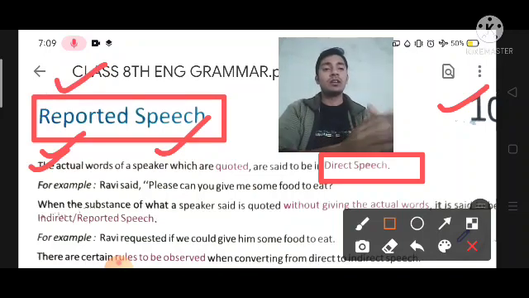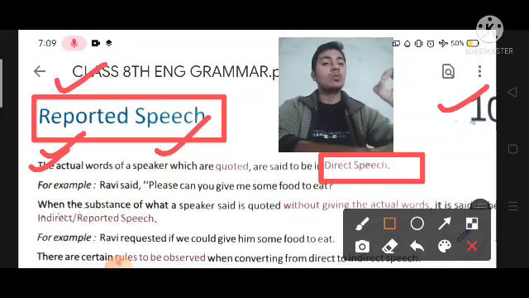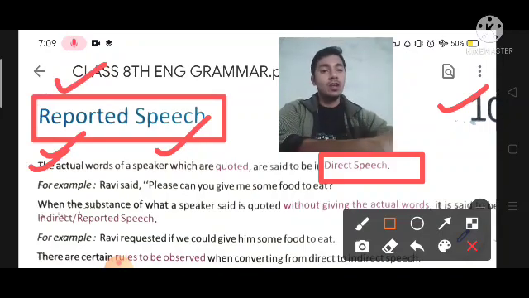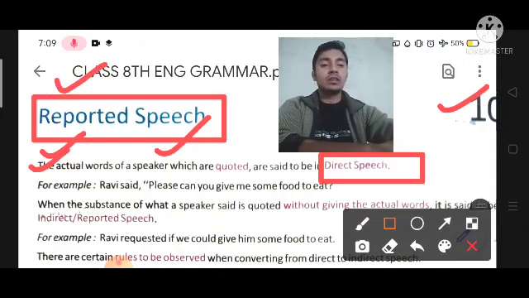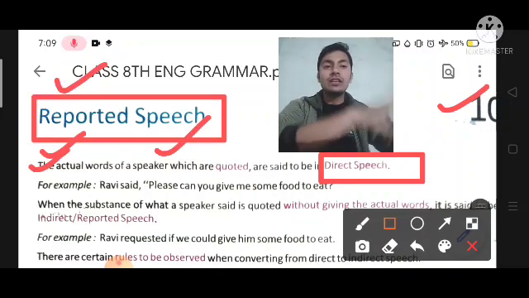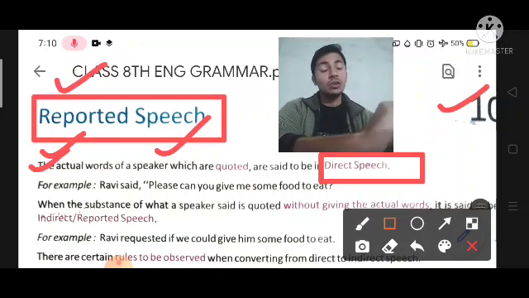यानी कोई भी speaker जो same to same word बोला हो, उसी statement को, उसी same sentence को अगर हम उसी वे में रिपोर्ट करते हैं, that is called direct speech. यानी डायरेक्टली सेम सेंटेंस बोल देना, सेम सेंटेंस को रिपीट करना, सेम सेंटेंस को रिपोर्ट करना in the same way as the speaker has said.